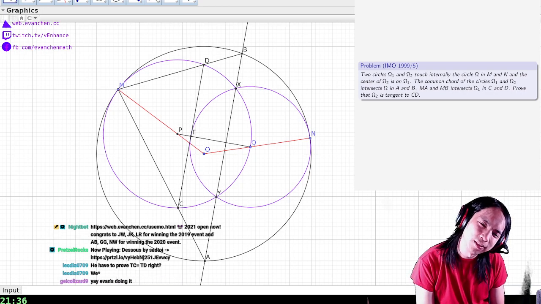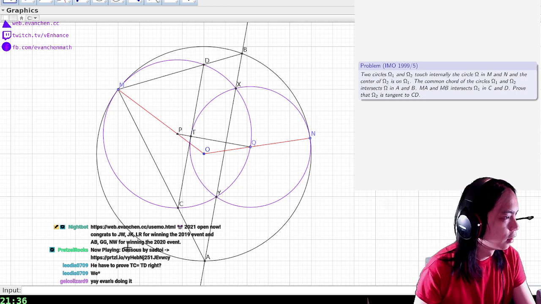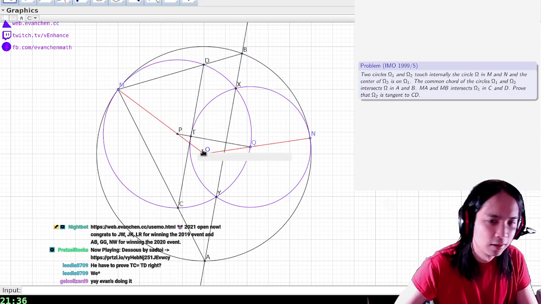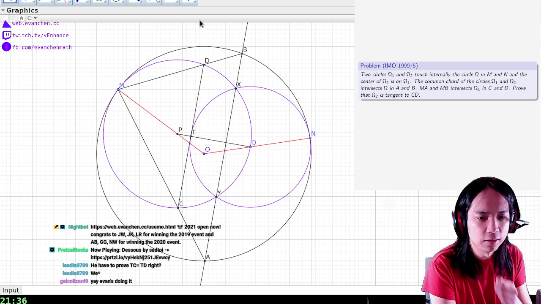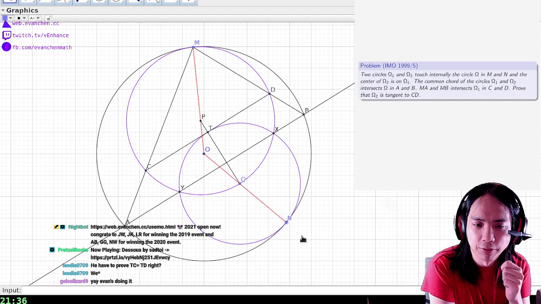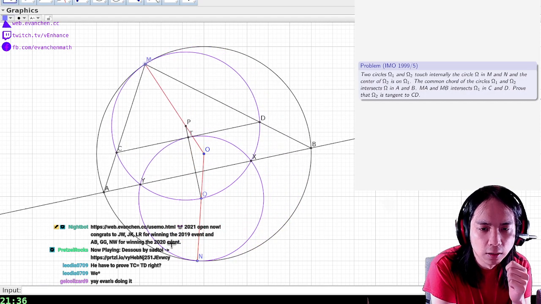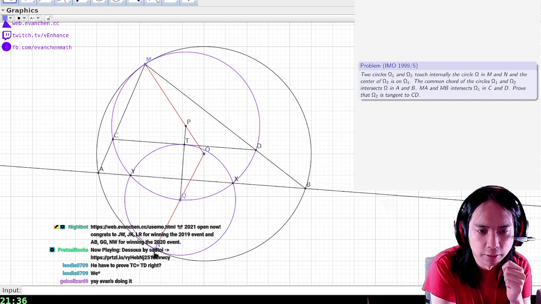Oh, come on, this has to be easy. TC equals TD, I agree. But yeah, I feel like I have the wrong reference triangle. I want triangle MCD to be my reference.